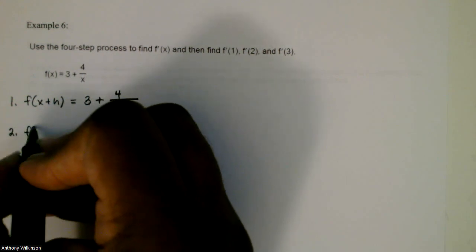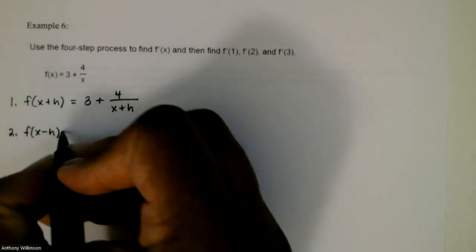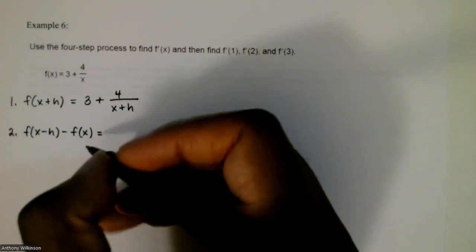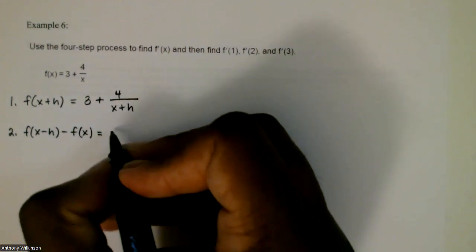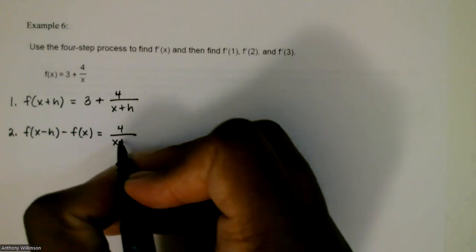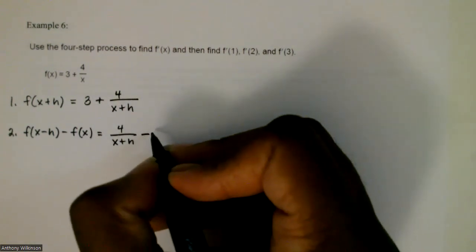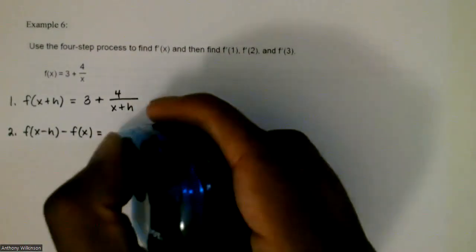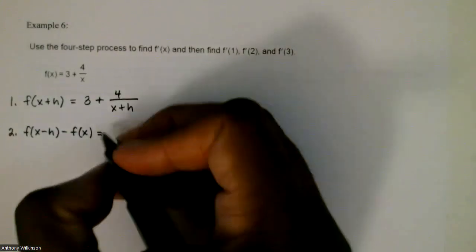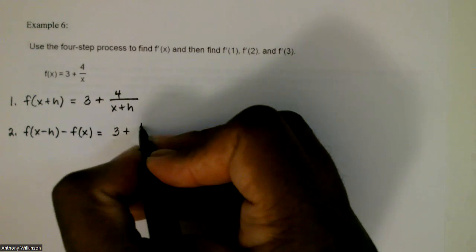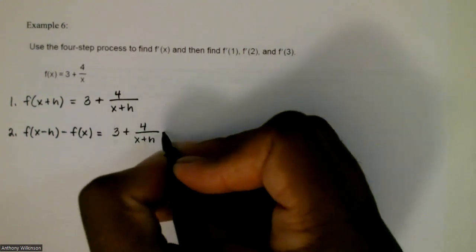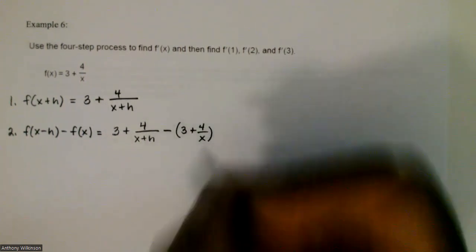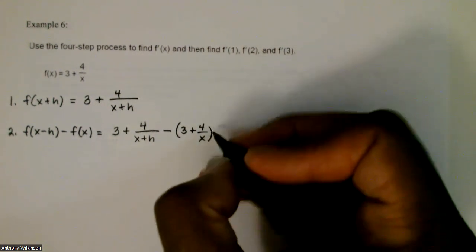Step number 2, f of x plus h, and then minus f of x. So in this case, we take that f of x plus h, which is 3 plus 4 over x plus h. Then we subtract from it 3 plus 4 over x. Can't leave the 3 out. Now let's see if we can simplify this a bit.